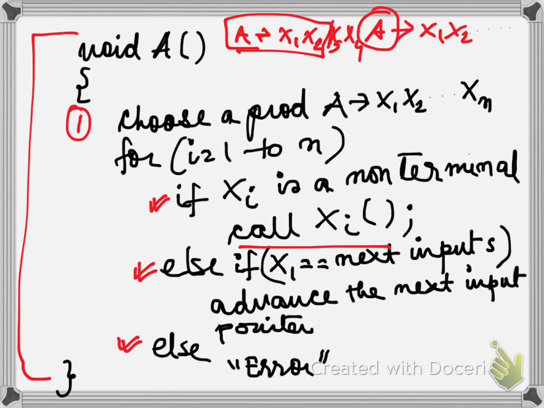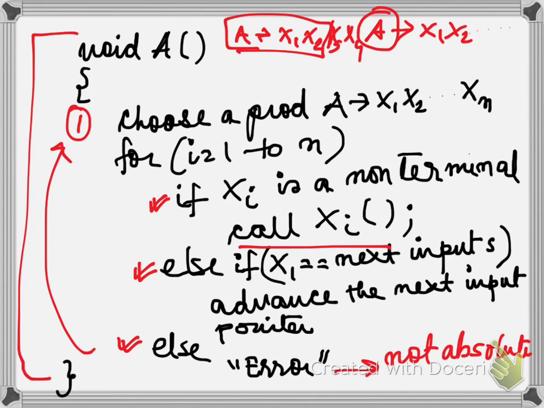In case of recursive descent parsing with backtracking, this error is not absolute. This means that in case I don't find a match, it is neither a terminal nor a non-terminal, then I'm going to try out a different production. So I'll come back to step 1 and try with another production of A, say A derives x3, x4.